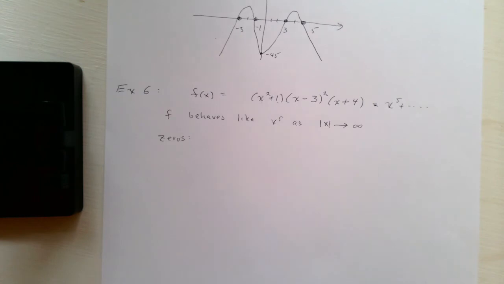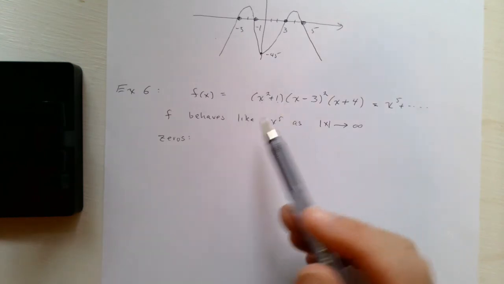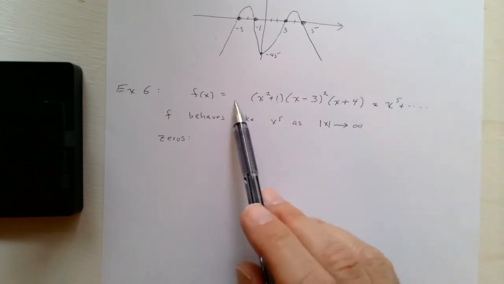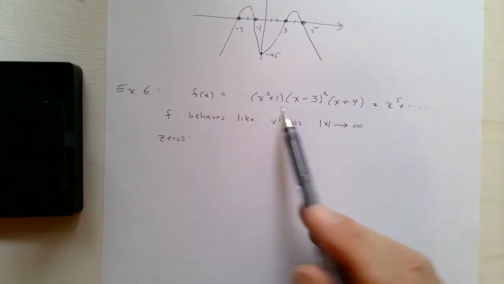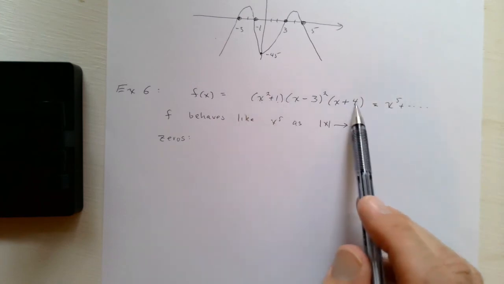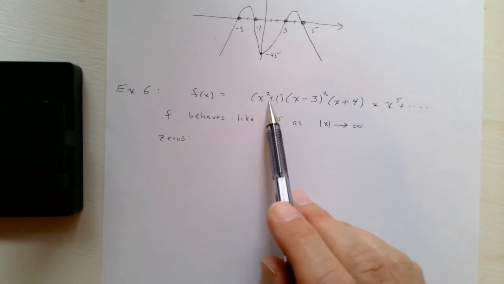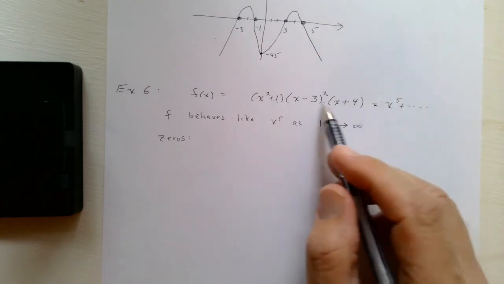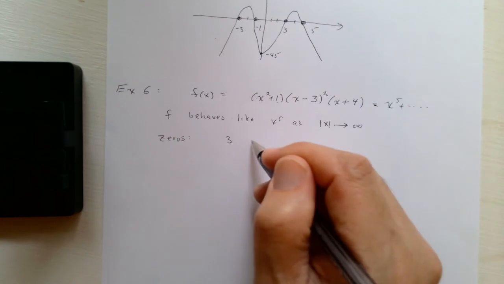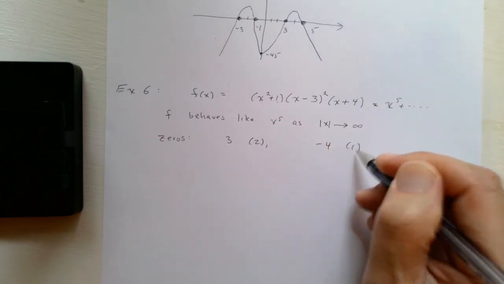Finding the zeros essentially means finding the x-intercepts. The only way that this product can be 0 is if one of these factors is 0, and this factor can never be 0. So the only zeros are 3 with multiplicity 2 and negative 4 with multiplicity 1.